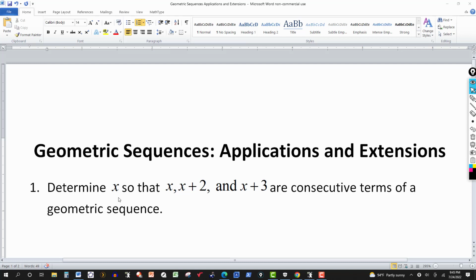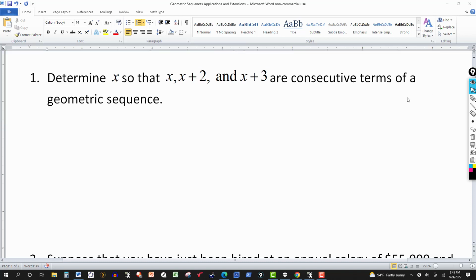We want to determine x so that x, x plus 2, and x plus 3 are consecutive terms of a geometric sequence. So here we're just going to use the definition of a geometric sequence.